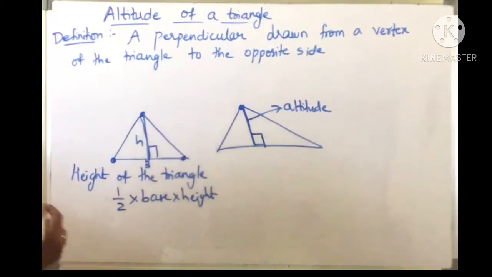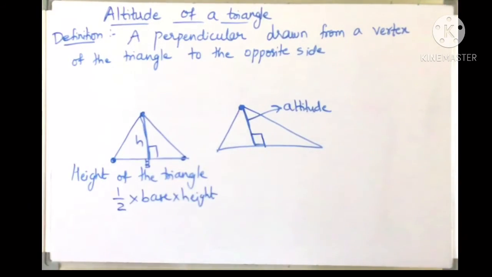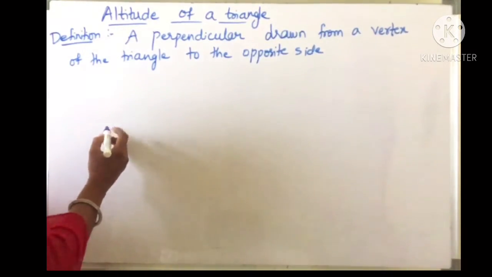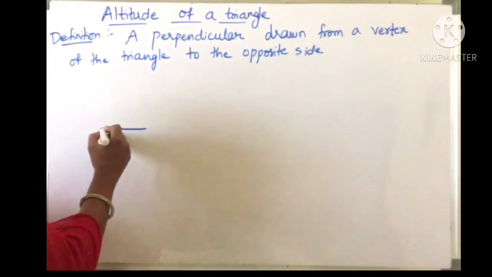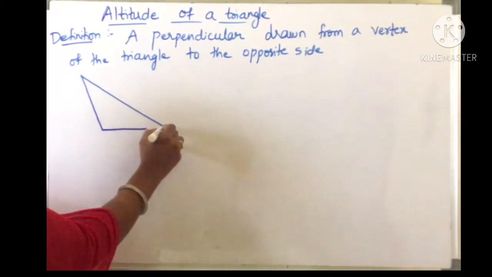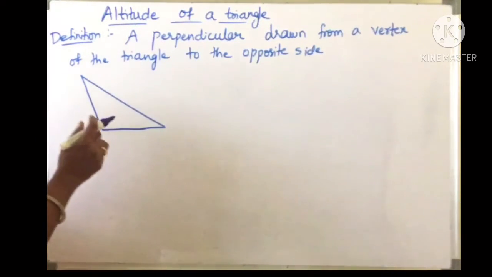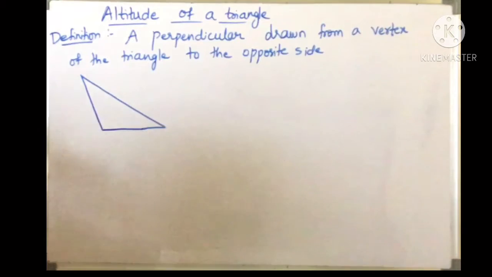Okay. So different triangles have different types of altitudes. For example, if I take an obtuse angle triangle, you know what is obtuse angle triangle? A triangle in which one angle is obtuse. So this is the shape of an obtuse angled triangle, right? Here in obtuse angle triangle, the altitude is outside of the triangle.